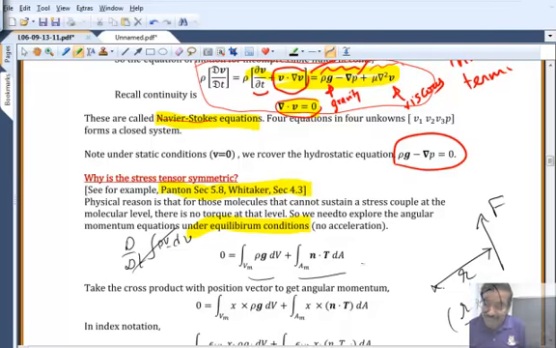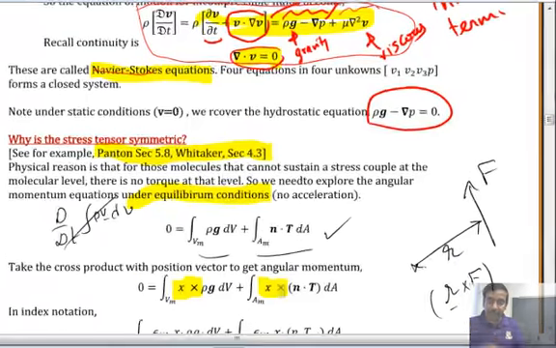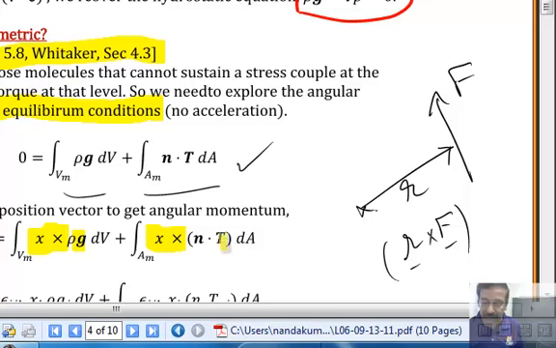Since I have already the linear momentum equation, all I have to do is take a cross product with the position vector. So x is the position vector, the distance from an origin to that particular point where that force is applied. The two forces are the volume force and the surface force. So this is the angular momentum balance equation without the acceleration term.